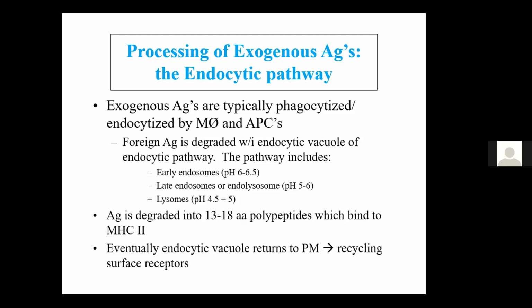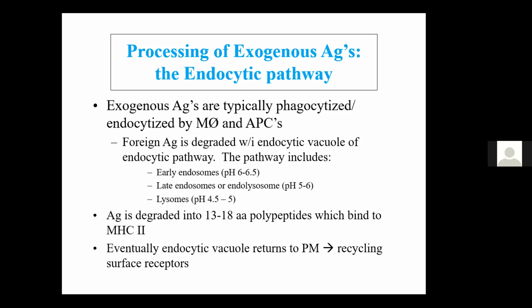The foreign antigen is degraded within that phagolysosome or vesicle that is formed, and this is sometimes expedited by the vacuoles found in these antigen-presenting cells that are rich in certain enzymes. We call them lysosomes. These enzymes are very critical because they work at a certain pH, and the pH also helps the breakdown of engulfed material.